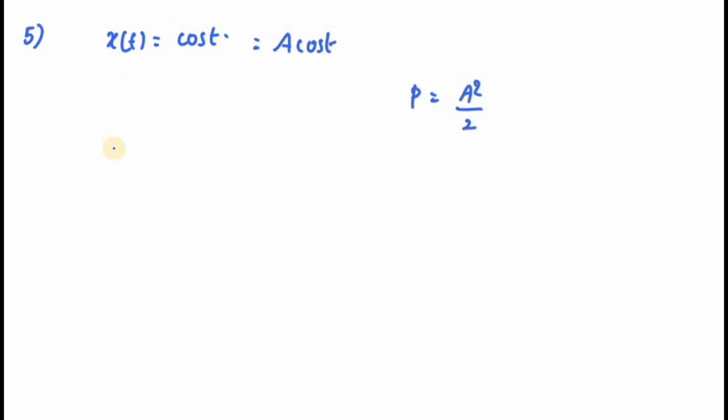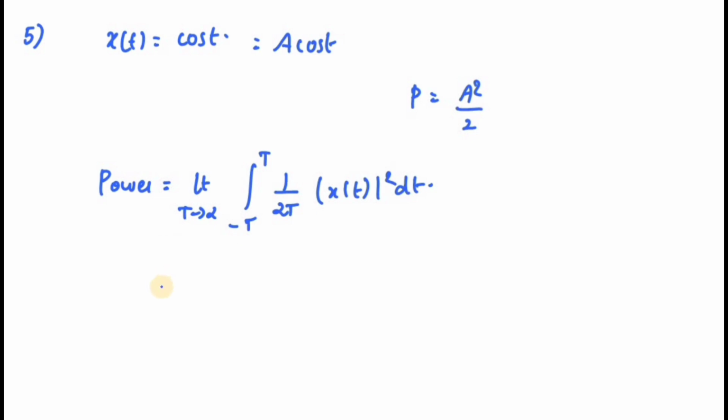So let me find the power value. So the power is equal to limit t tends to infinity 1 by 2t, integral from minus t to t, x of t whole square dt.